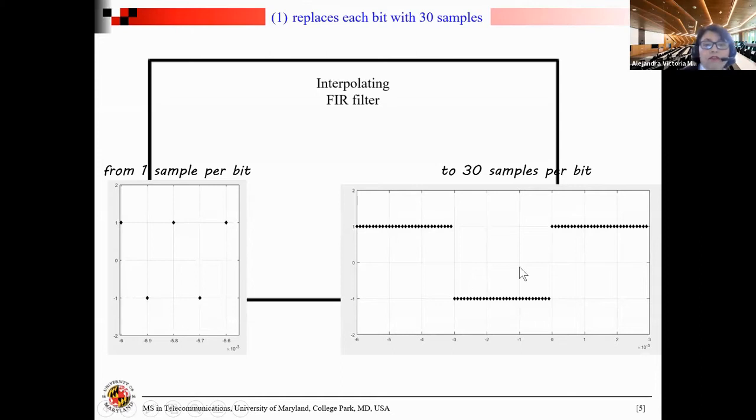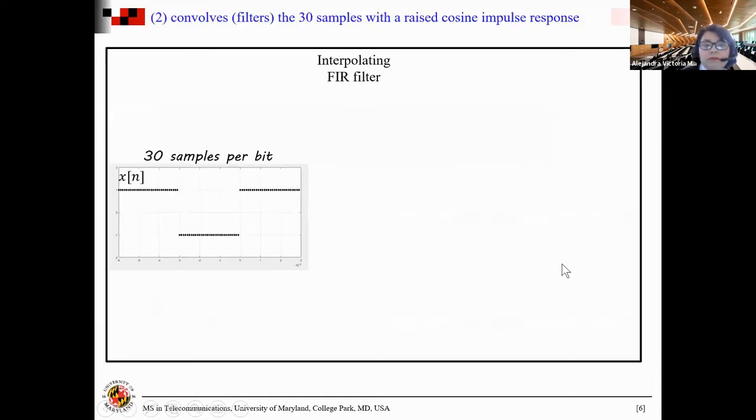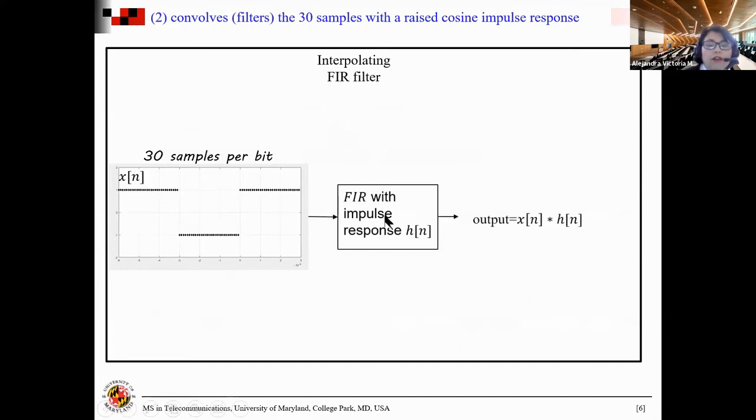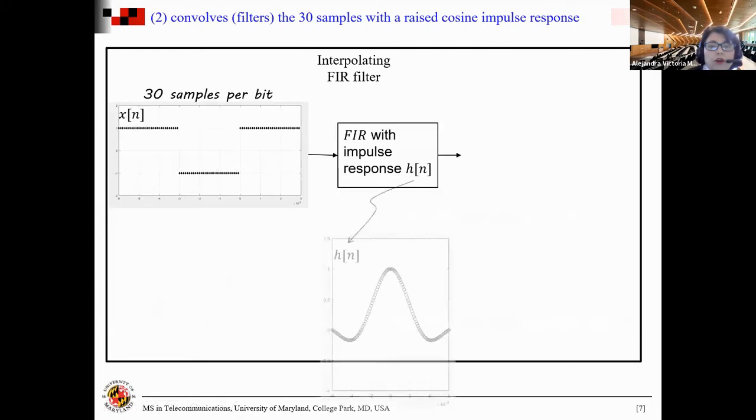I couldn't fit all 5 bits into this. Then the interpolating FIR filter will convolve this. It will act just like an FIR filter with an impulse response of a raised cosine.